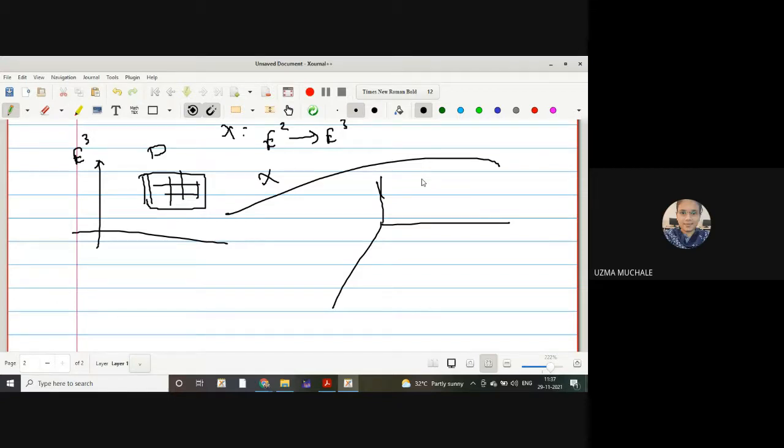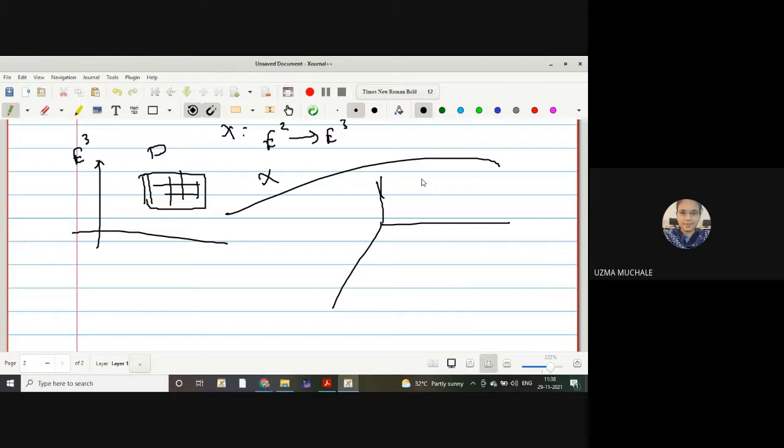Suppose you have one rubber sheet and some object D, which is a subset of E2 space. Now what is X? X is a mapping from D to E3 in such a way that X is 1-1 and regular. Take one rubber sheet and fold it in such a way that you get one 3D object. Imagine that we apply some mapping so that it can be converted to any 3D object, say a half sphere.